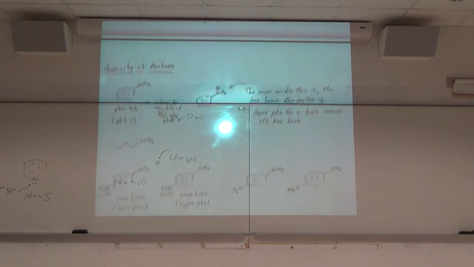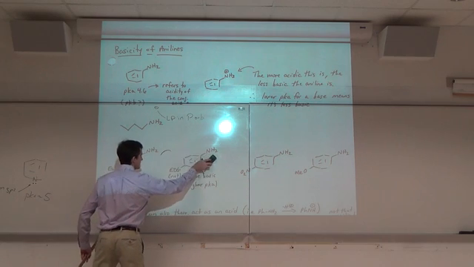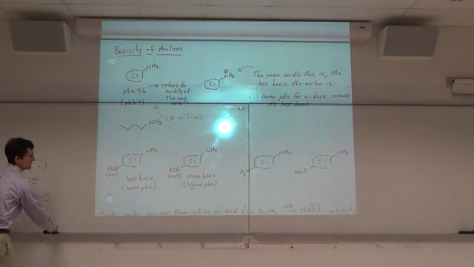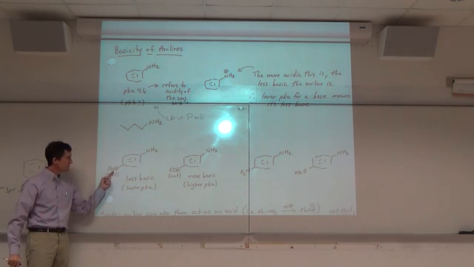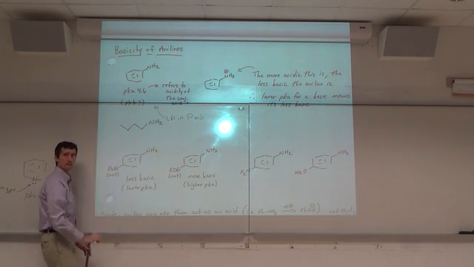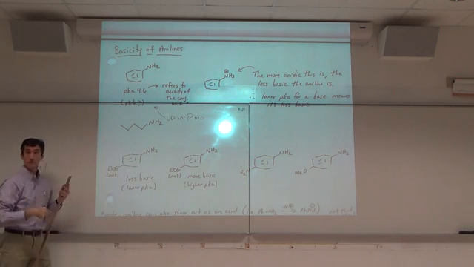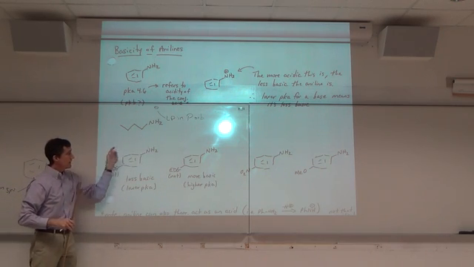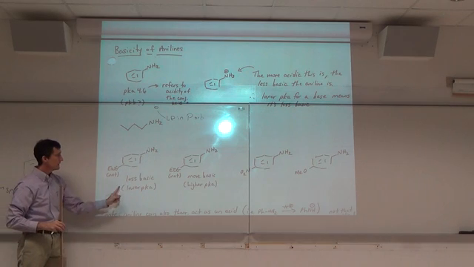Okay, let's look at anilines and the effect of substituents on the benzene ring. It's going to be similar to what we saw earlier. If you have an electron withdrawing group, that will make it less basic. Because if this is pulling electrons, that's going to decrease the electron density on the nitrogen, making it less basic. Lower pKa.